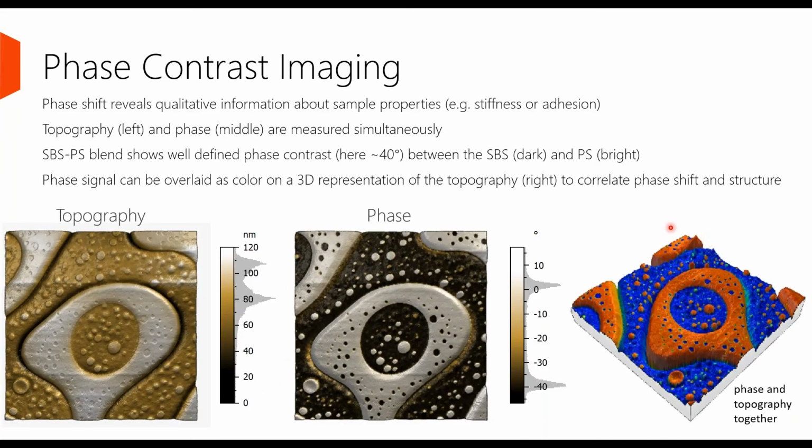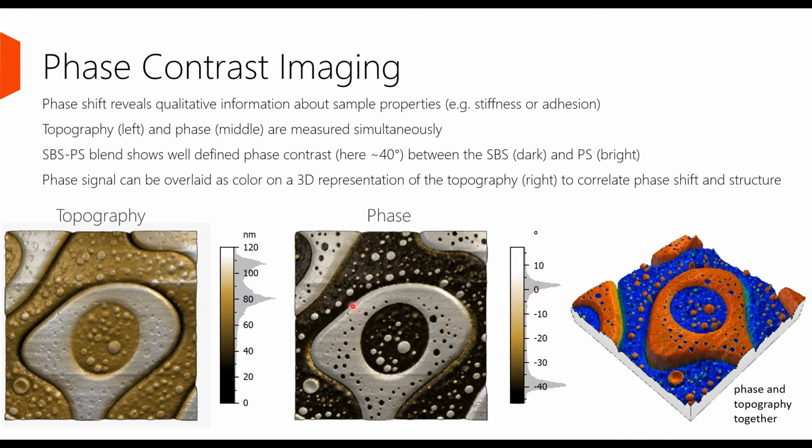So here, for example, is a phase contrast image of, let's see, an SBS-PS polystyrene blend. On the left is a topography image. So this tells you the height differences in this polymer blend. And in the middle is the phase contrast image.